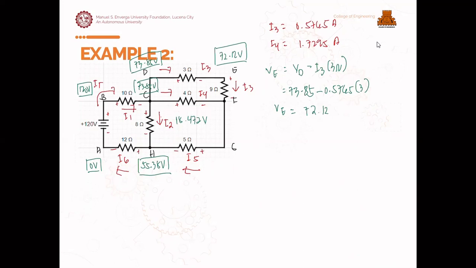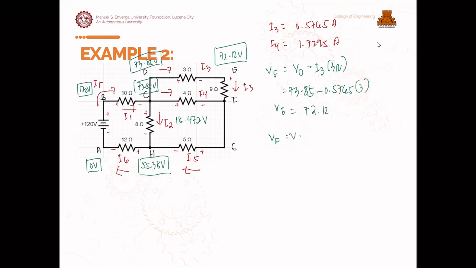So, kay VF, dalawa yung pwede natin gawing solution. Pwedeng from E to F, no? Or C to F. Okay? So, check natin kung parehas. Pag C to F, so VF natin will be equals to VC. Okay?